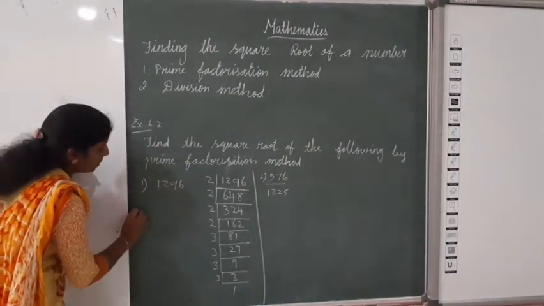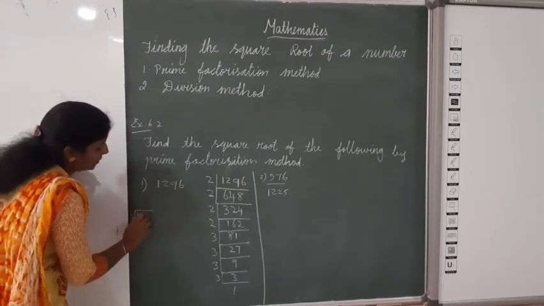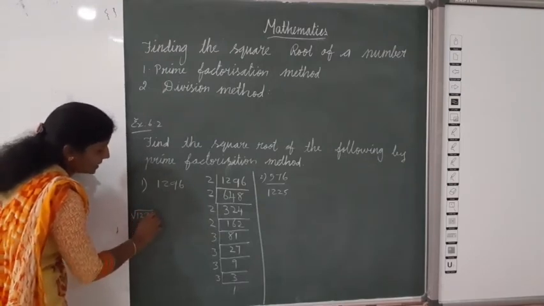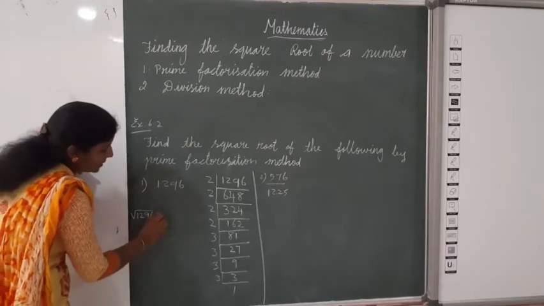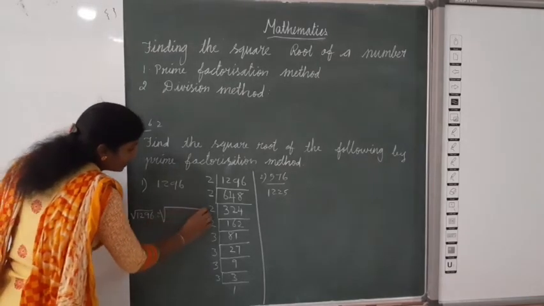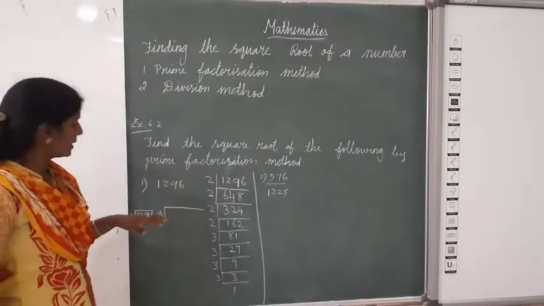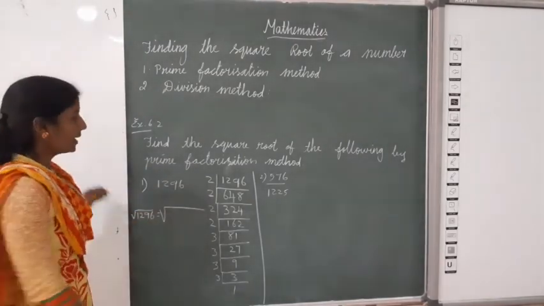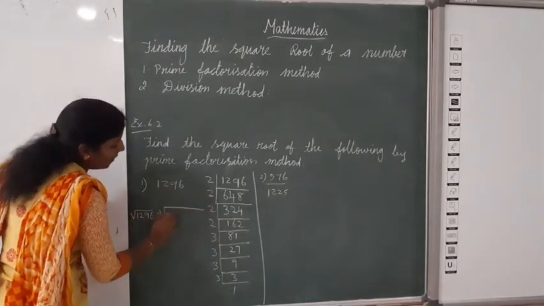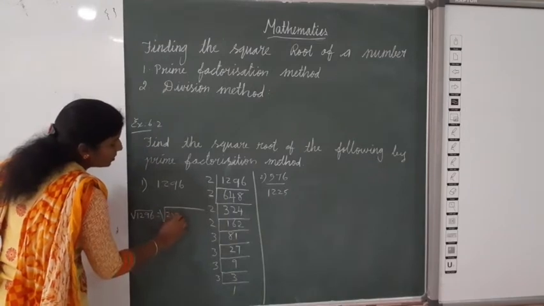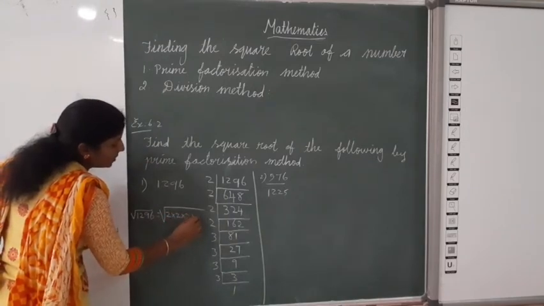Now we want to find square root of 1296, equal to square root of, now we can write inside the square. Here 4 times 2: 2 into 2 into 2 into 2.